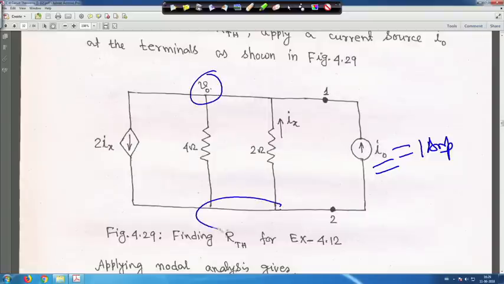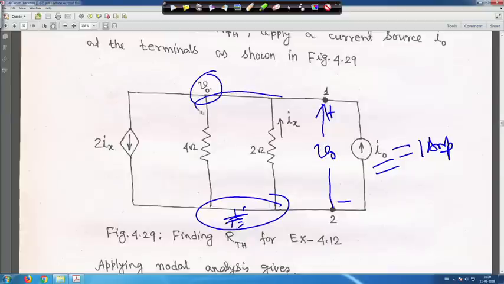If you take this as ground, this voltage is V0, with the arrow meaning this is plus and this is minus. This one is a common node because no electrical elements are connected here.